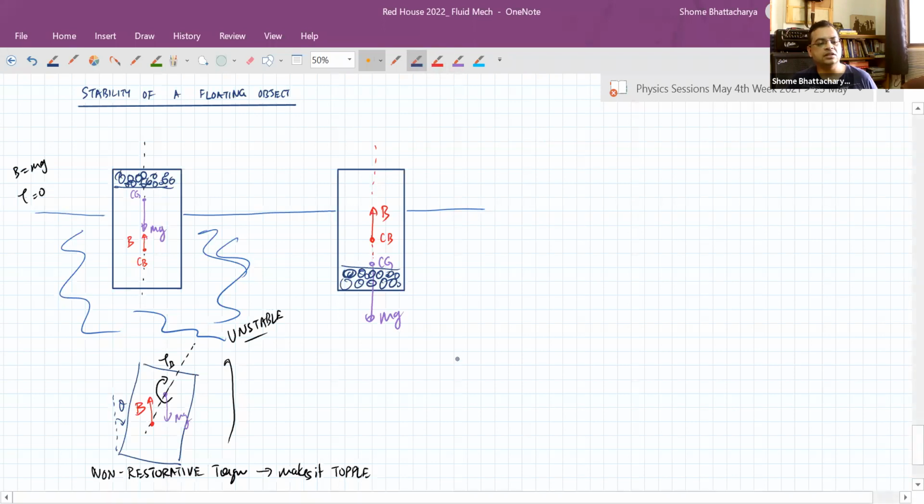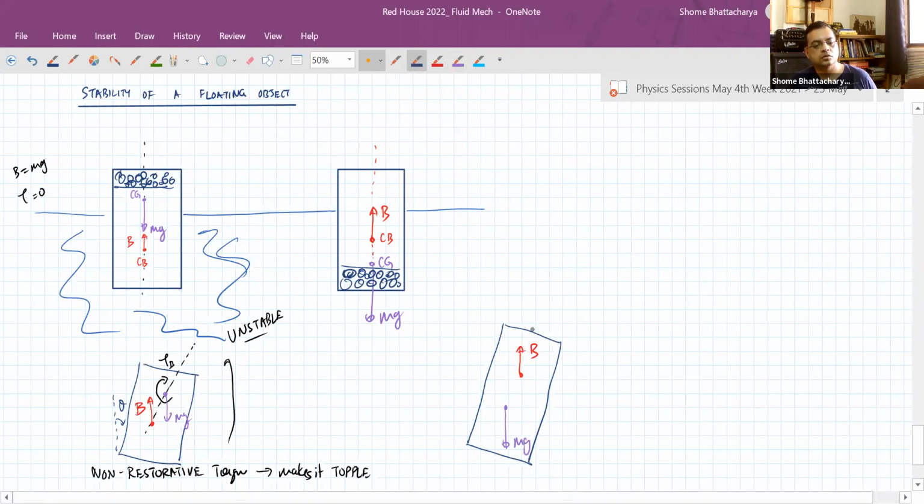Now, when this thing tends to rotate like this, you can see the buoyant force is acting through such a point. The weight is acting through such a point.